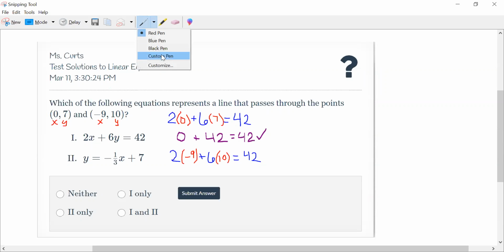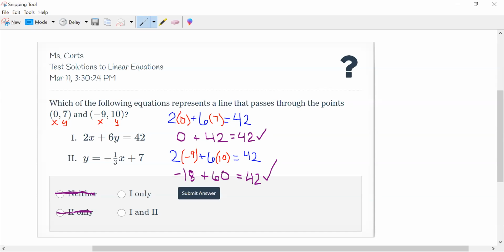Okay. 2 times -9 is -18. 6 times 10 is 60. So -18 plus 60 is 60 minus 18, and that would be 42. So in this case, the first equation does work. So we know it's not neither, and we know it's not 2 only. It has to be either 1 only or 1 and 2. So now we got to see if it works for 2.